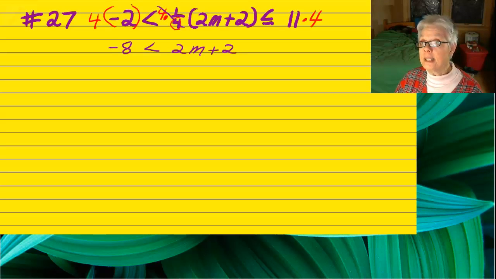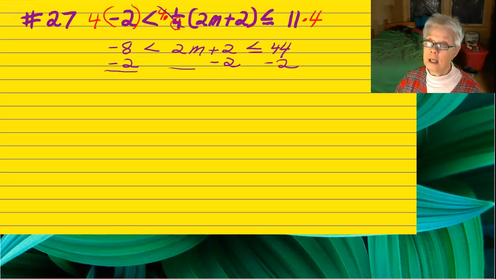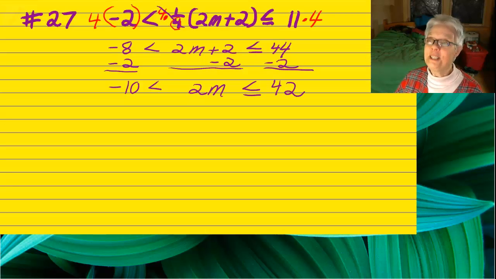So negative 8 is less than 2m plus 2, and it's less than or equal to 44. Now subtract 2 from all three parts of the three-part inequality. We're isolating m step by step. Negative 10 is less than 2m, which is less than or equal to 42.